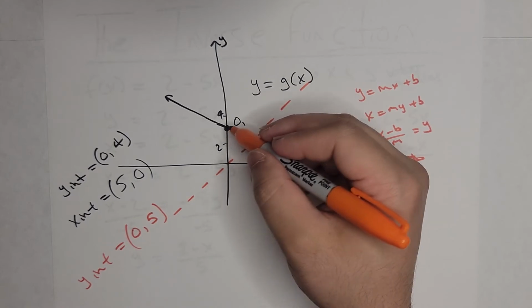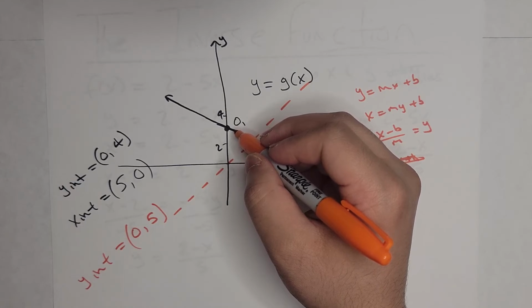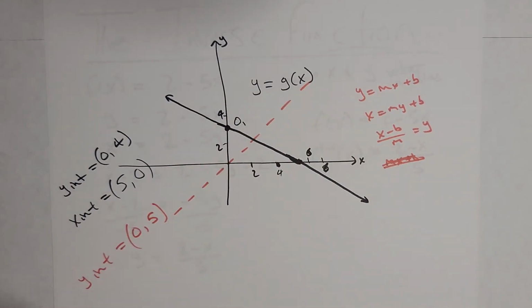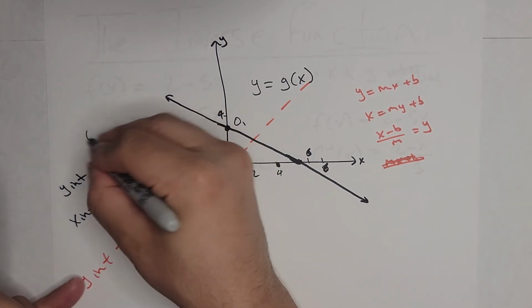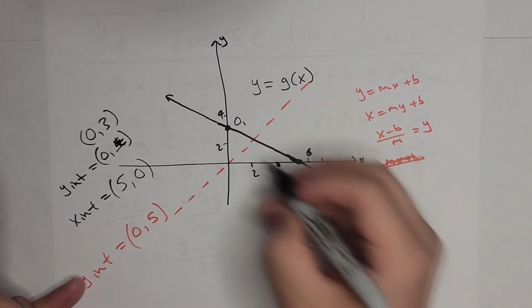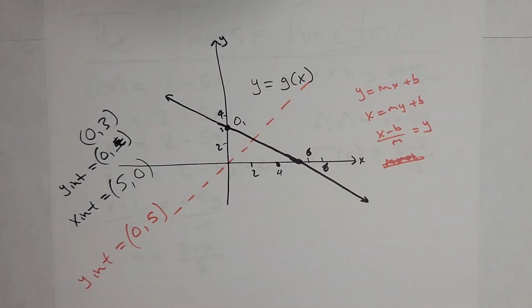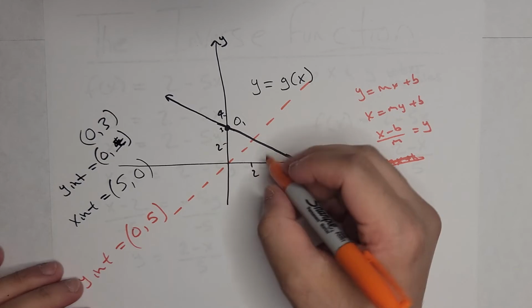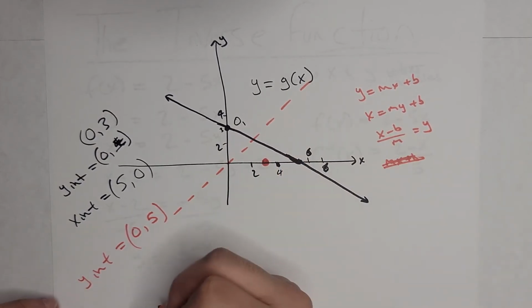Sorry, I must be half asleep right now. I'm just confusing myself. This is a 3. So our new value will be mapped here at 3, comma 0.